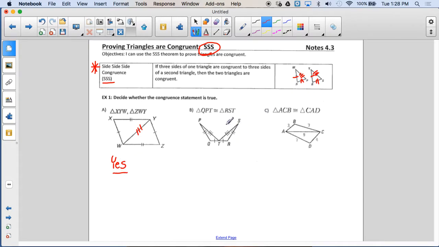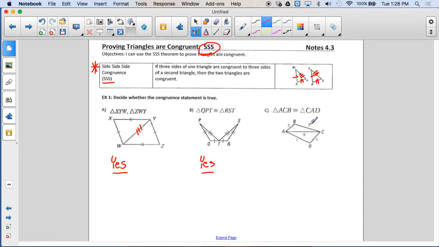Okay, let's look at B. This triangle QPT, is it congruent to triangle RST? Well, if I look at it, I have 1, 2, 3, and on the other triangle, 1 slash, 2 slashes, 3 slashes. So yes, it is congruent by side, side, side.